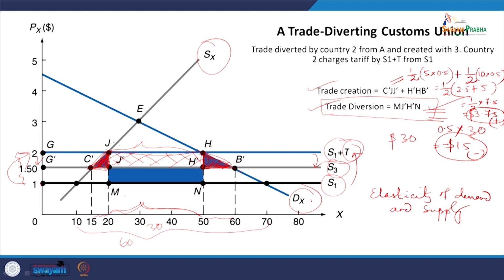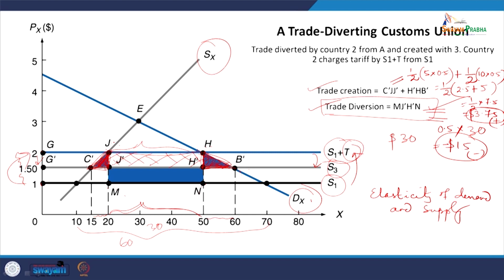Responsiveness is explained by the elasticity of demand as well as supply. I am just giving you a context. If demand is elastic, then what is going to happen? If supply is elastic, then what is going to happen? Accordingly, we have already discussed tariffs earlier.